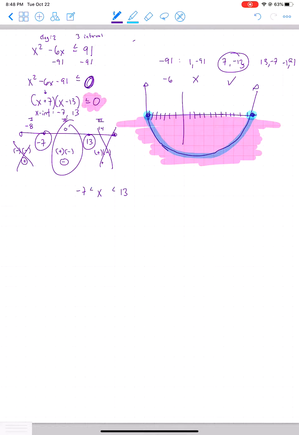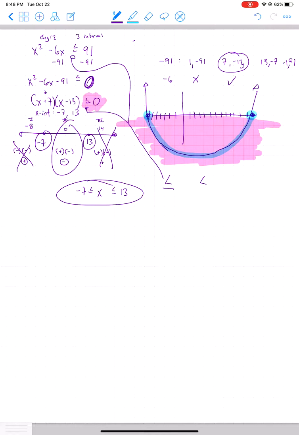But we need to figure out, do we want less than or equal to or less than? All we need to do is look at the original problem, even all the way up here, to see what symbol we have. We have the less than or equal to, so we need that in our answer. So there's one way to write our answer.